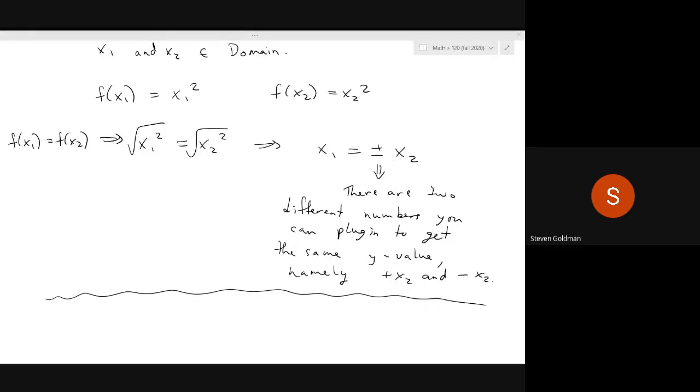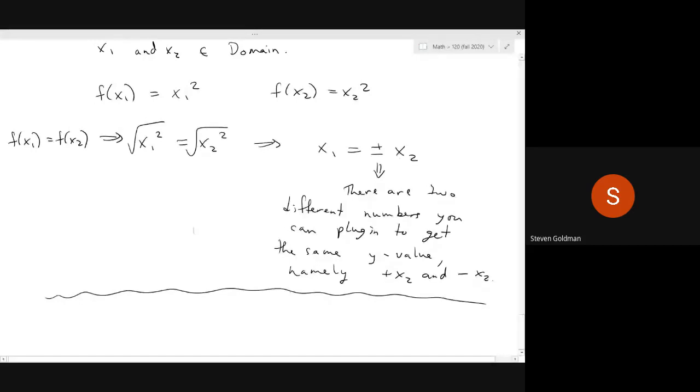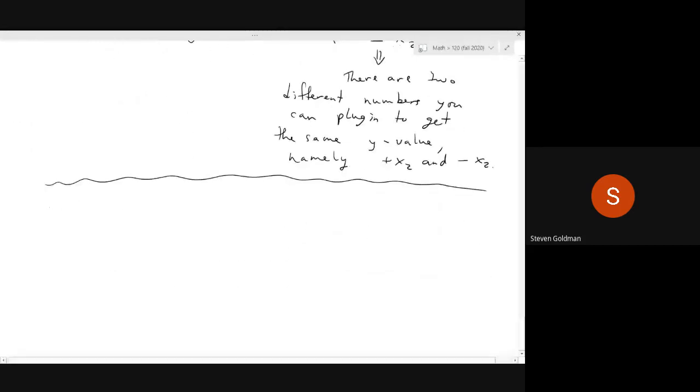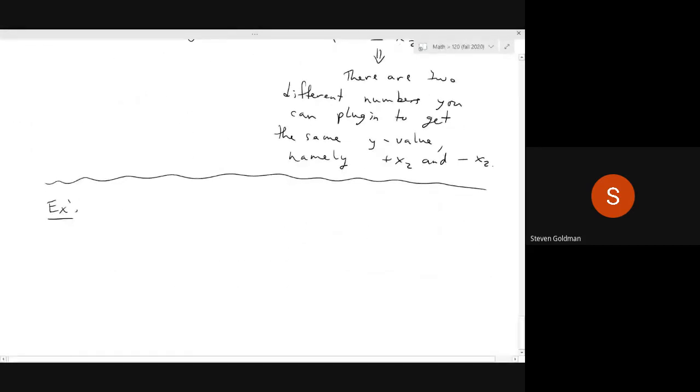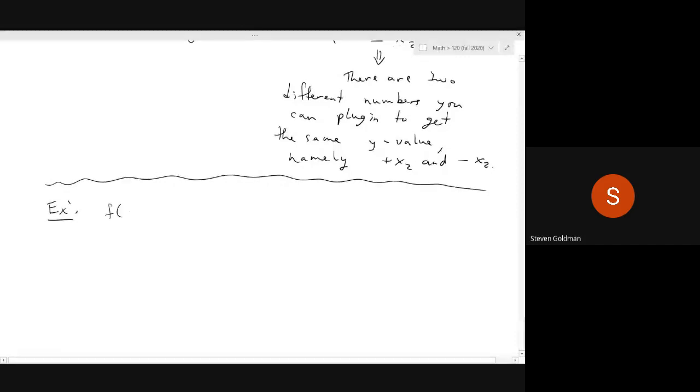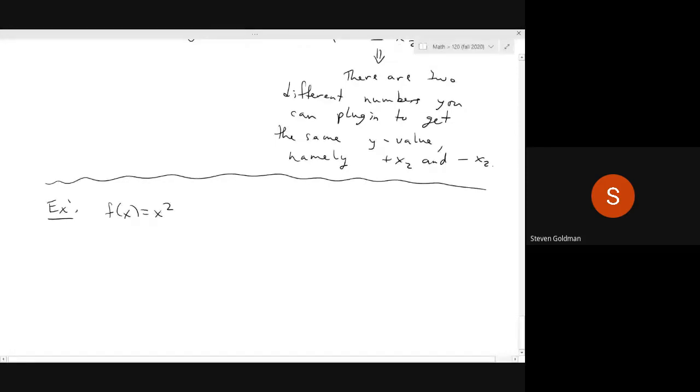All right. Let's try a different function now. Well, let's try the same function, f of x equals x squared. But let's say my domain and codomain are different now.